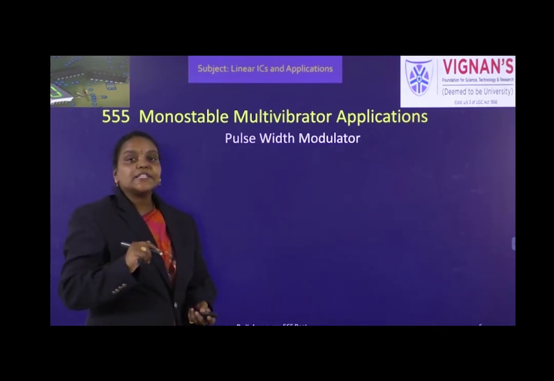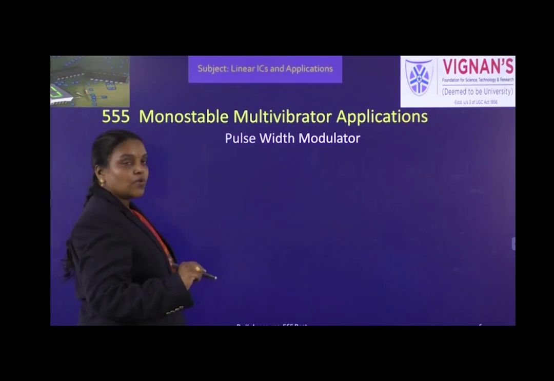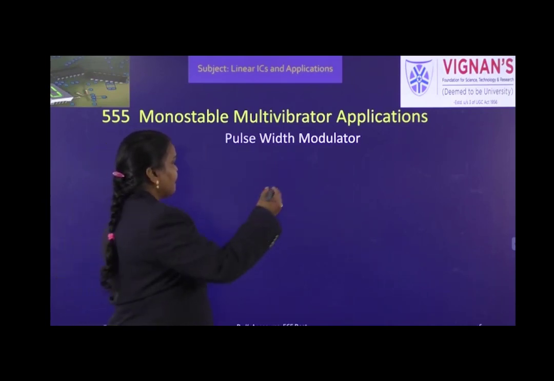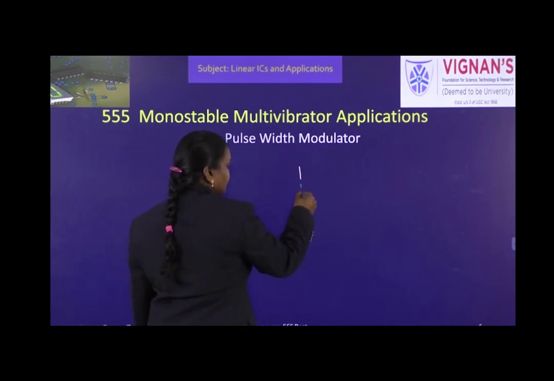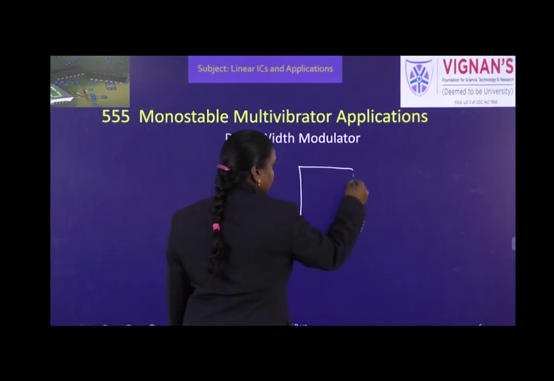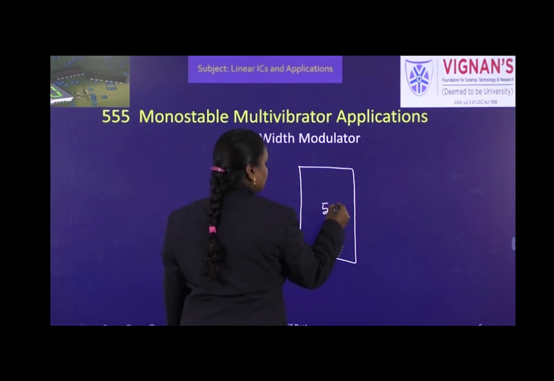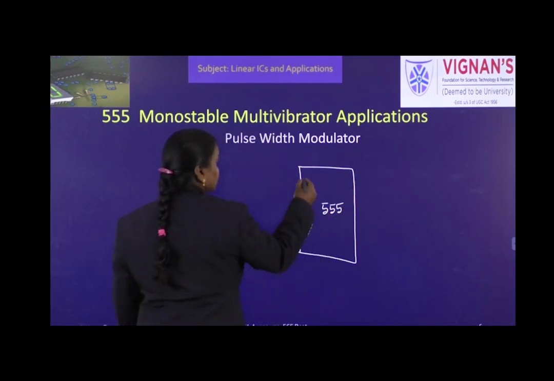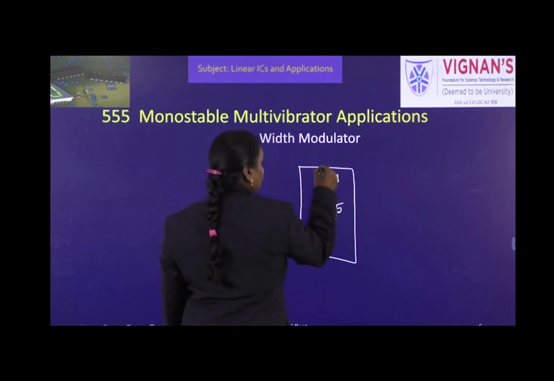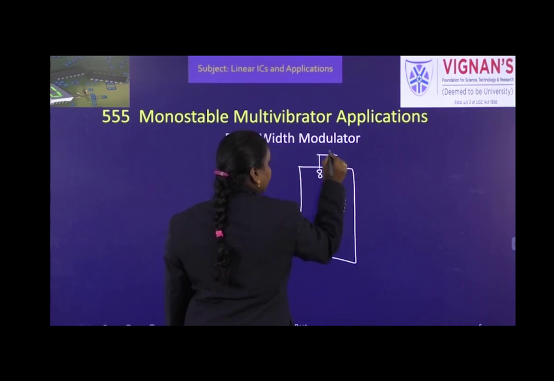And next, pulse width modulator. Pulse width modulator means here all remaining circuitry is the same except for the 5th pin.